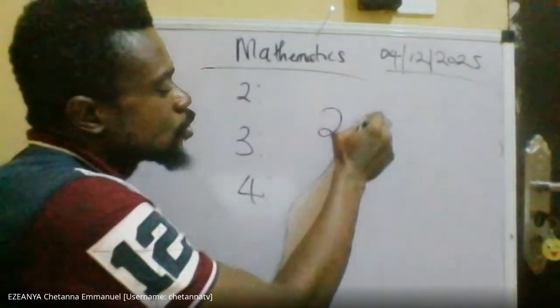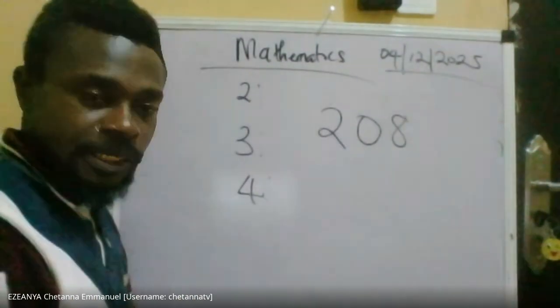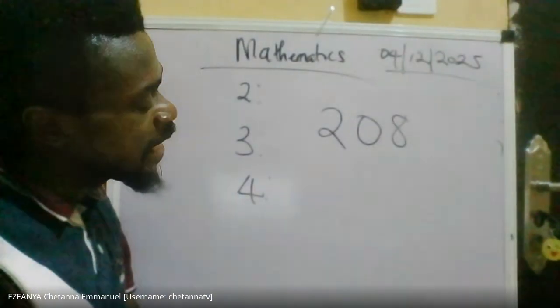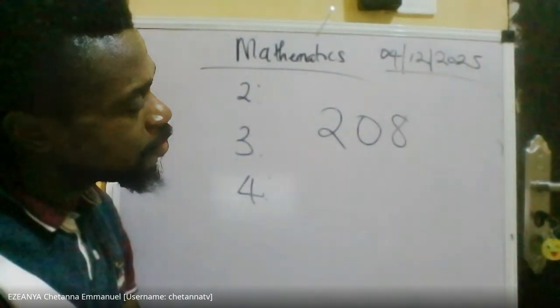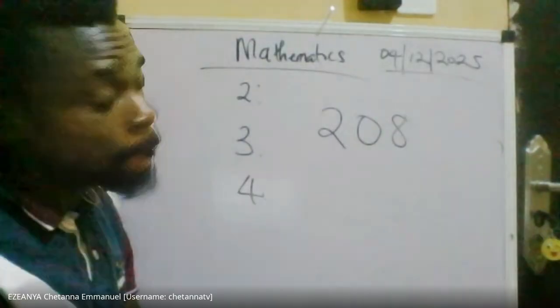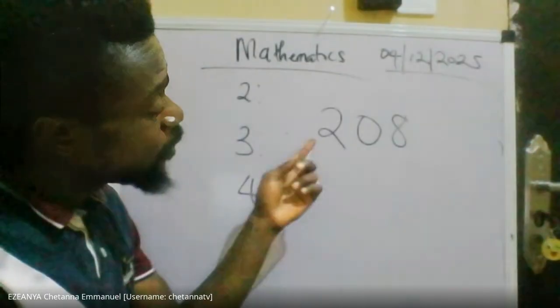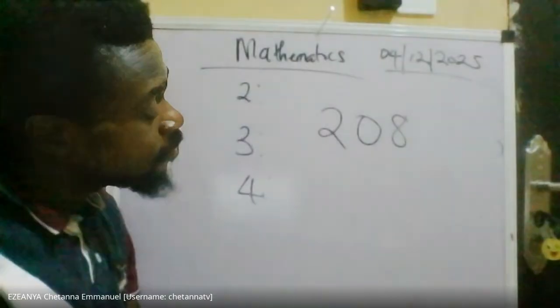208. What are the last two digits of this number? 0 and 8.